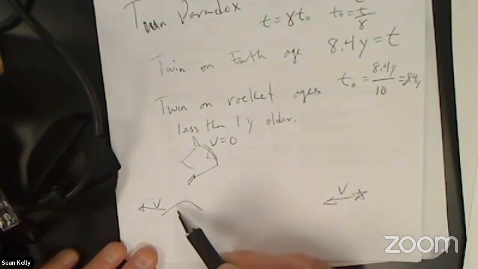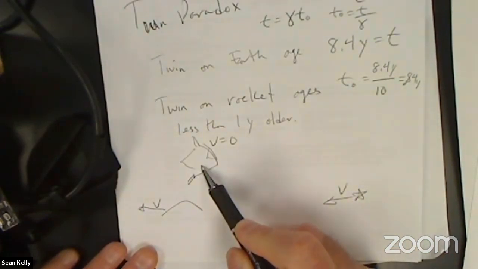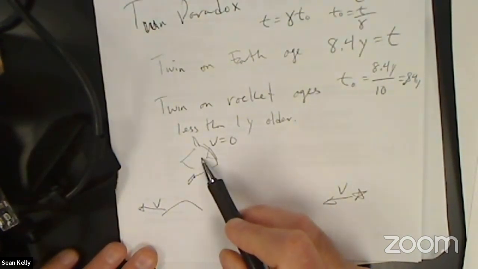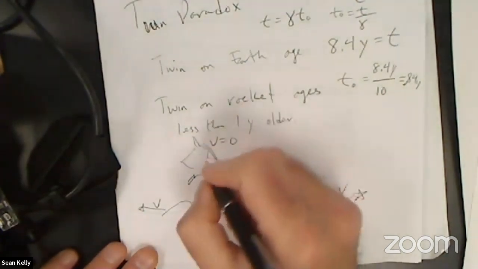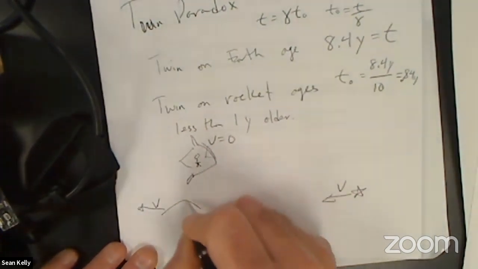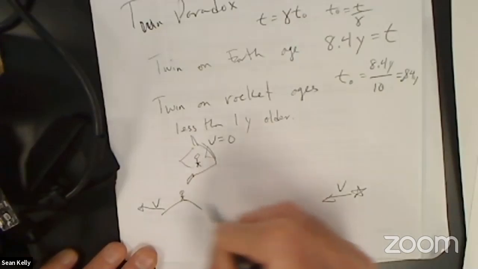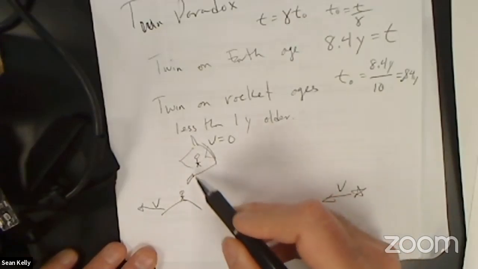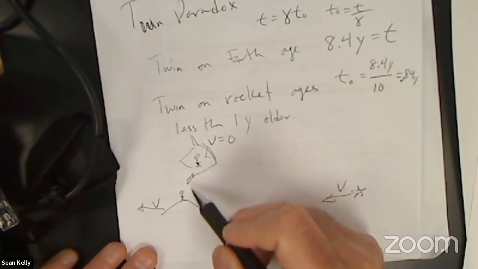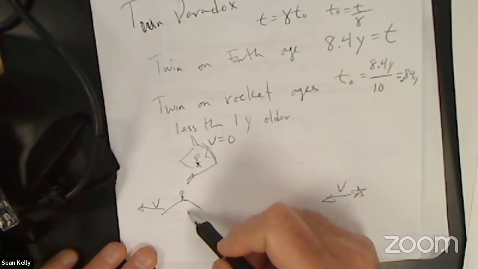So you are the one standing still, and the Earth is the one that's moving. That means you should age more than your twin back on the Earth. There is no way to tell who is moving if you just look at this situation.